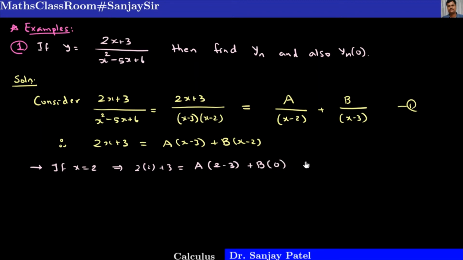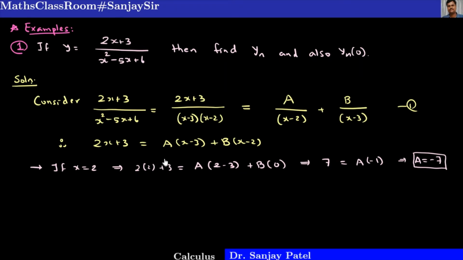So the left hand side is 7 and the right hand side is a into minus 1. That gives me the value of a equal to minus 7. This is the first constant I have obtained. It is not compulsory that you take x equal to 2 only. You can take any value of x.